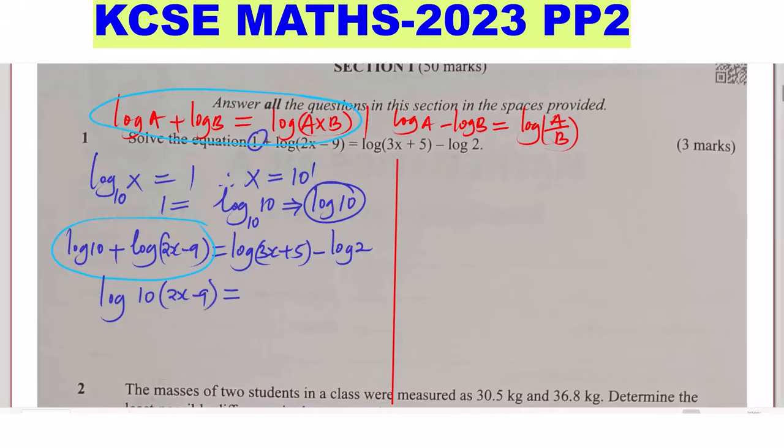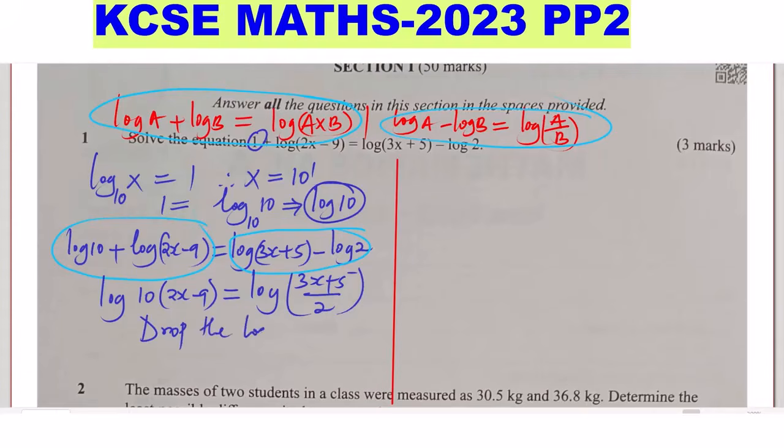Then for this part, we are going to use this property here. Express that one as a singular log. You get log of (3x plus 5) divided by 2. Now because we have log on the left hand side and the right hand side, you can drop the logs.